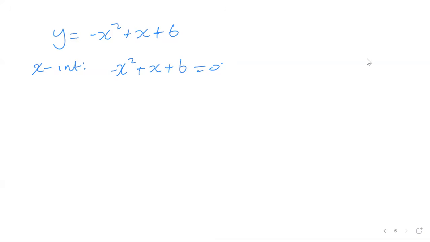Let's see if we can factorize. Factors of minus x squared are minus x and x. Factors of 6 are 3 and 2. We need x in the middle. X times 2 is minus 2x. X times 3 is plus 3x. Minus 2x plus 3x is x, which is our middle term.